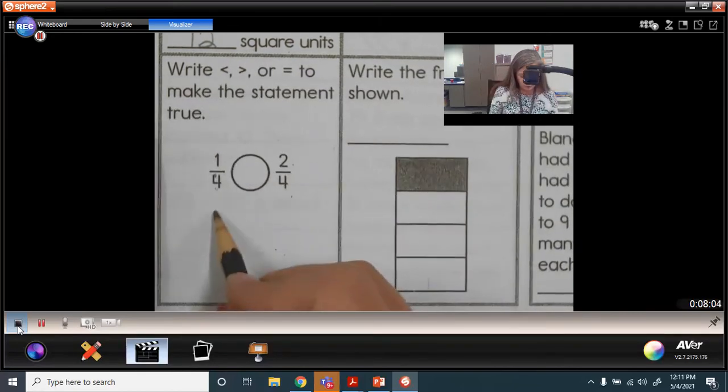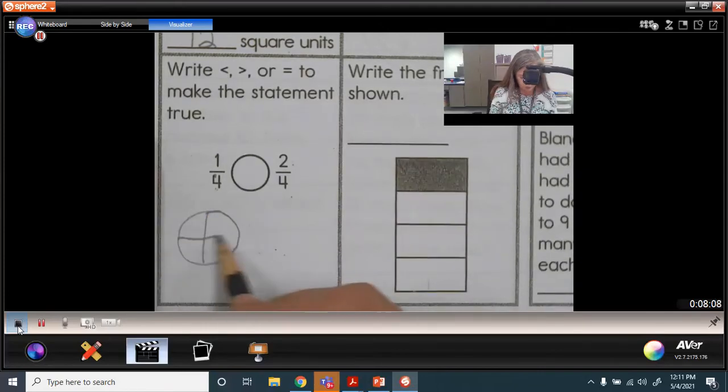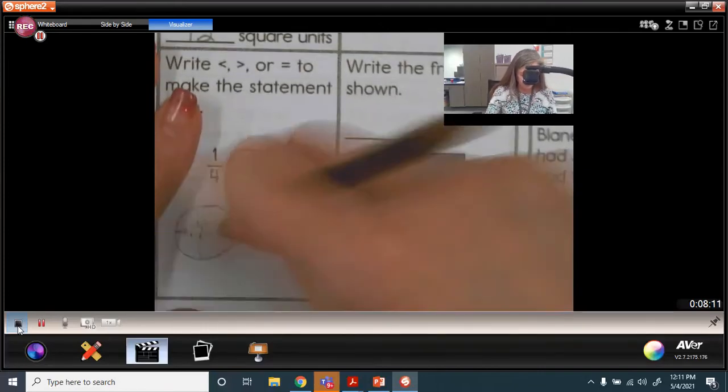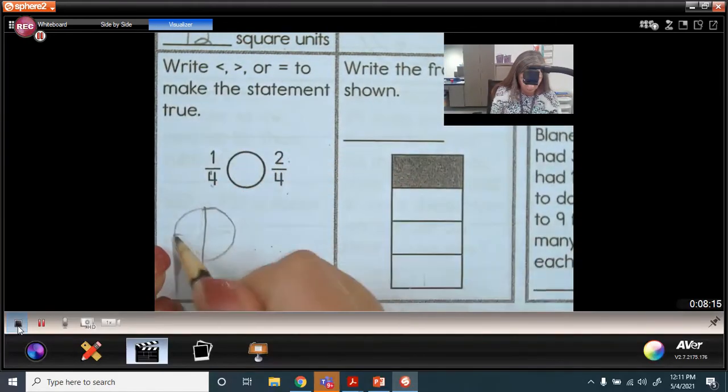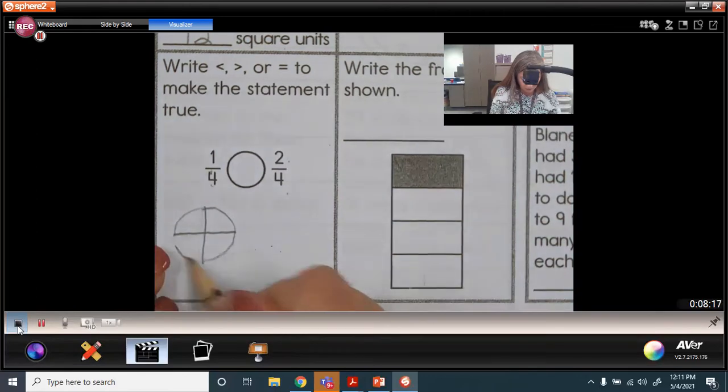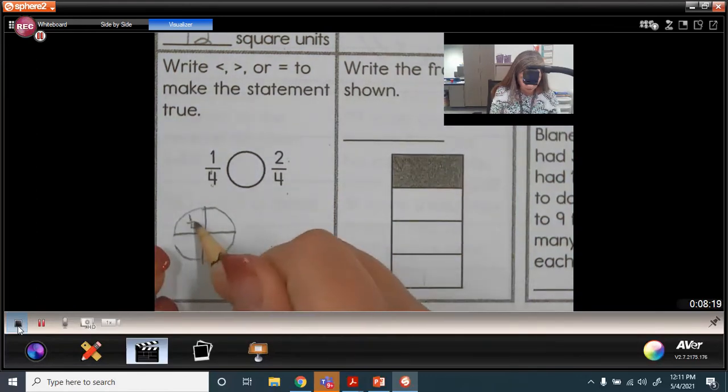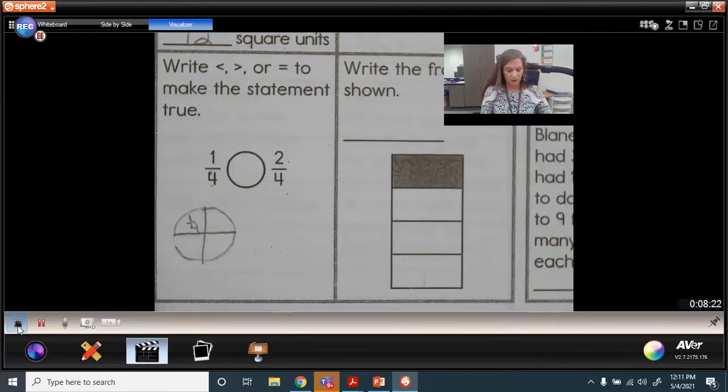So if I were to look at a circle and I were to partition it into, well, those are probably not the best 4 equal pieces, right? But if I were to partition it into 4 equal parts, this would be 1/4 of my circle.